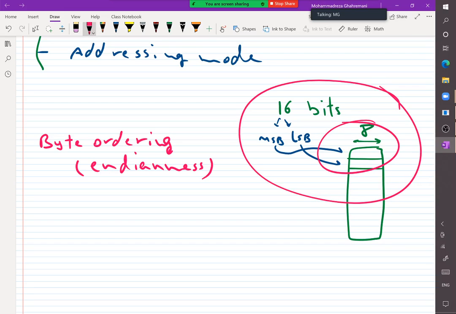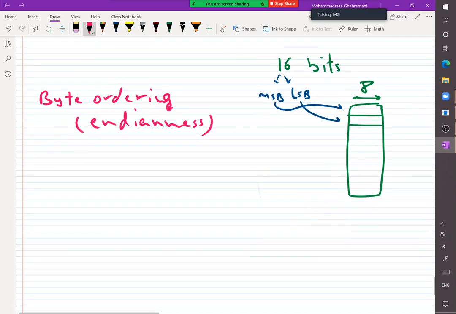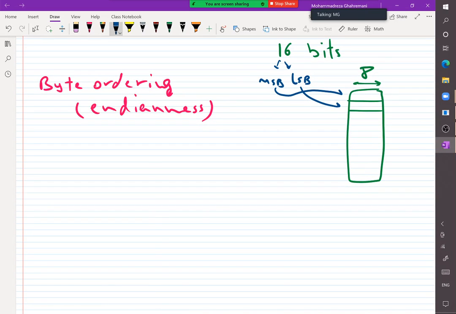So what we should know about these orders, we have two different byte orderings. The first one is called Little Endian, and the other one is Big Endian.